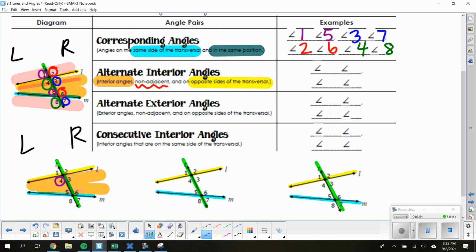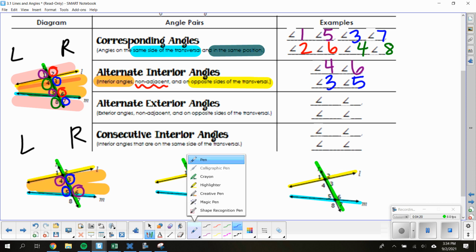And so my only other option would be angle 6, because it's the only one that is alternate or opposite on the other side of the transversal. So notice how one's coming from the left and one's coming from the right, and it can't be angle 3 because that would be adjacent, and by definition it's supposed to be non-adjacent. But 3 and 5 are your final alternate interior pair.